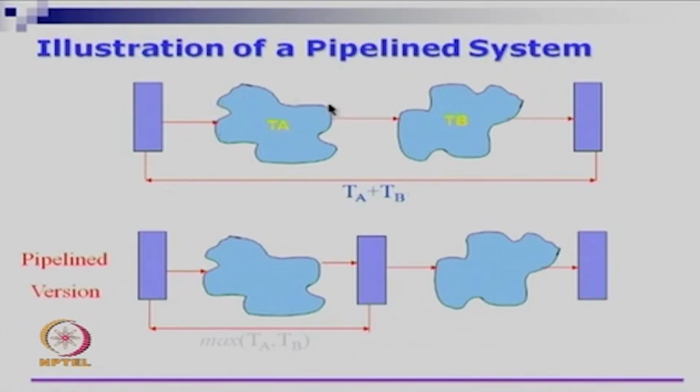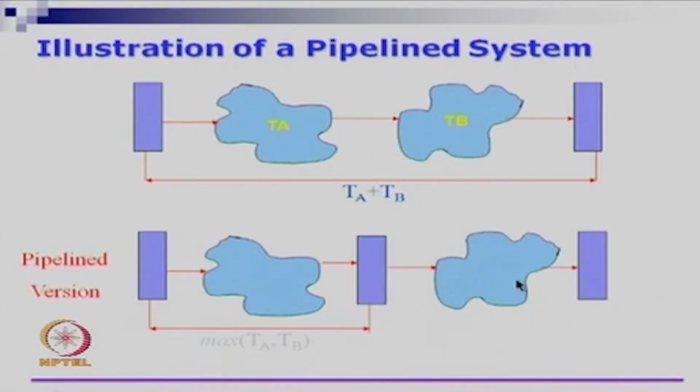So, this is some combinational logic, this is some other combinational logic, then a set of inputs firing from here will need TA plus TB time plus setup time here plus clock to Q delay here to settle down. Whereas, the moment you put a set of flip flops in between, this to this flop is TA plus setup time plus clock to Q delay here, and this to this would have been clock to Q delay here plus TB plus setup time.